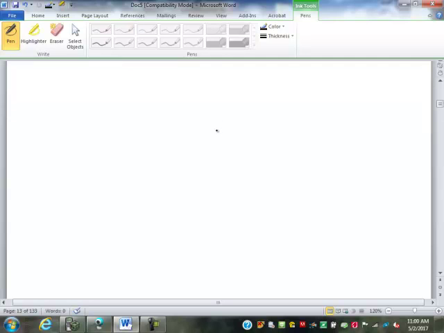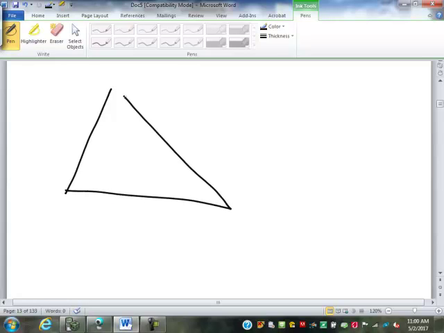Okay, so I'm going to have you try to find a missing angle for me. Fun, fun. Let's say this triangle here, I can label it however I want.